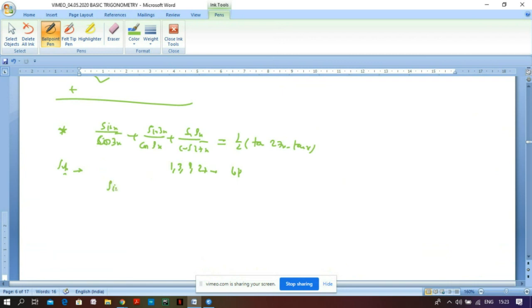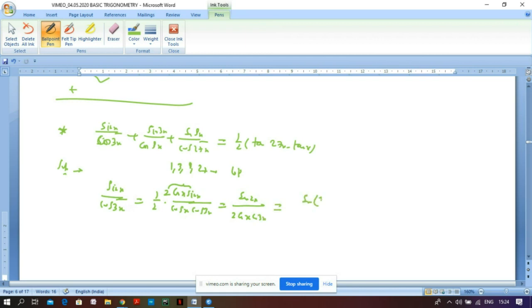So let's play with one term, sin x by cos 3x. I can write every term similarly. I will start by multiplying cos x in the numerator and denominator, so cos x cos 3x in the denominator and cos x sin x in the numerator. And then you can write 2 also, because the 2 will cancel. So 2 cos x sin x is nothing but sin 2x, upon 2 cos x cos 3x.